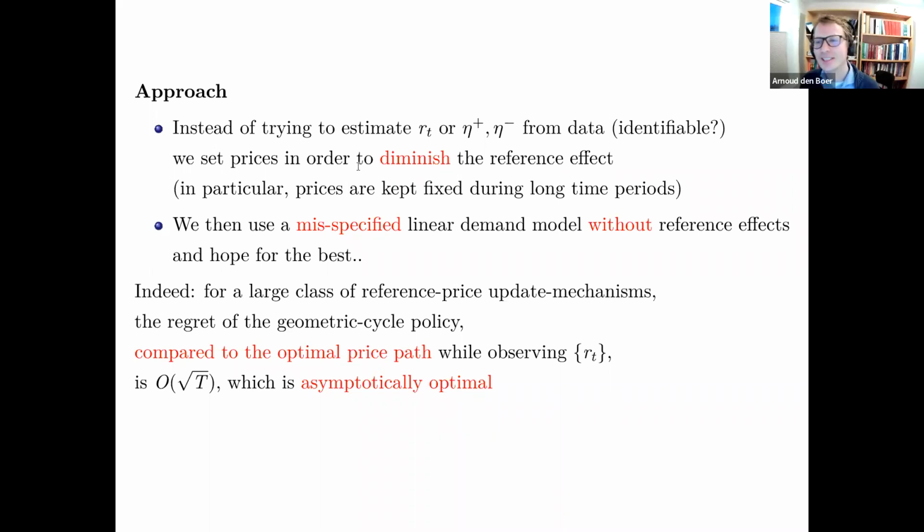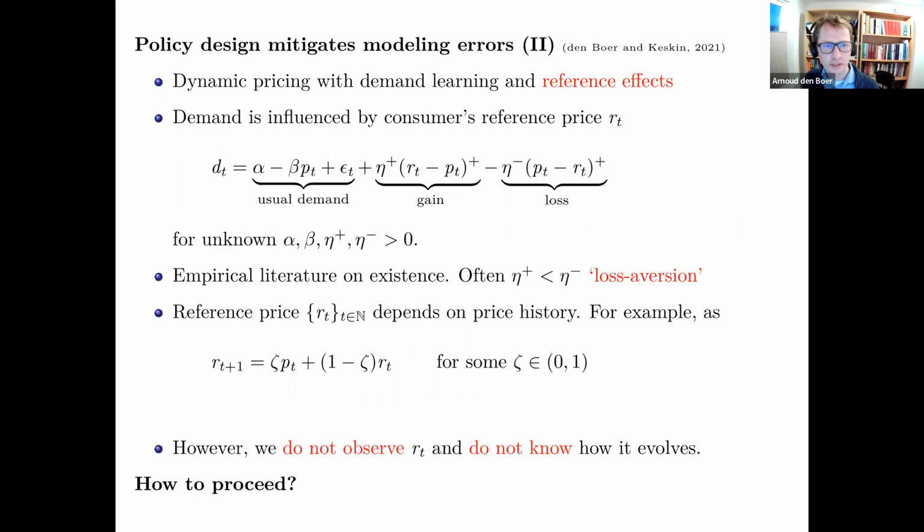I mean, you're not dead, but this works because there is exponential smoothing. If you use exponential smoothing and keep your price constant, the reference price will converge very quickly to this price. We don't assume exponential smoothing, but we assume that if your price is constant, then your reference price will converge sufficiently fast to your fixed price.